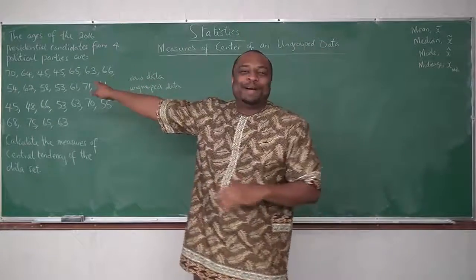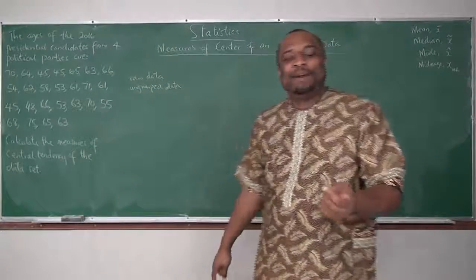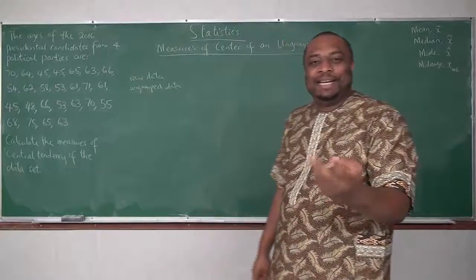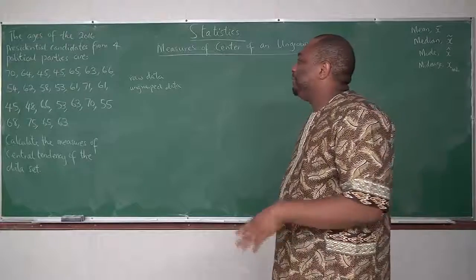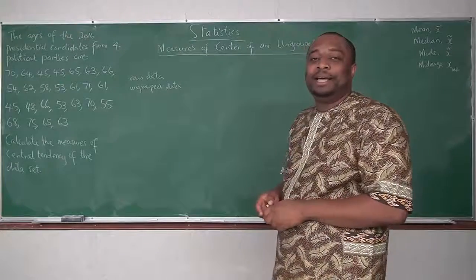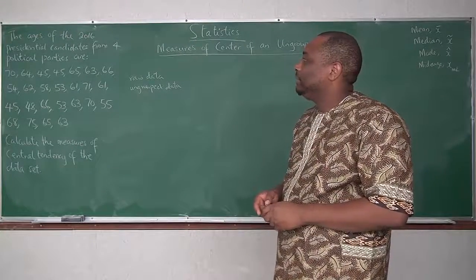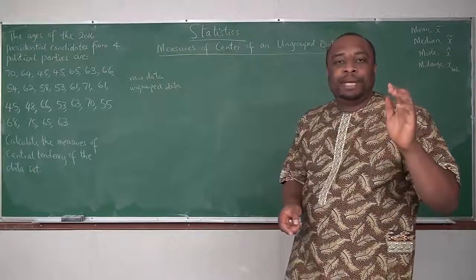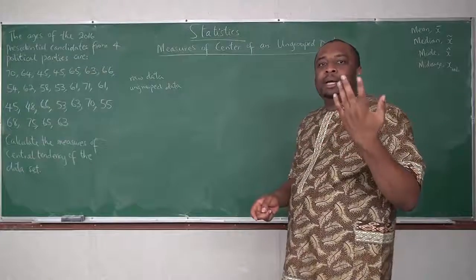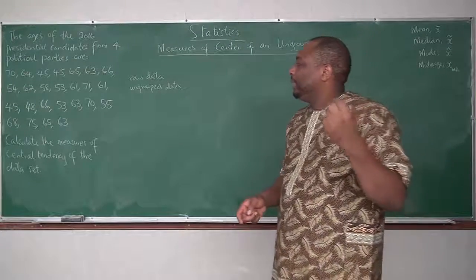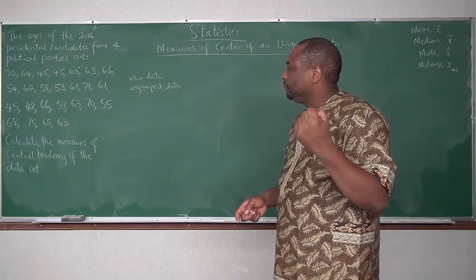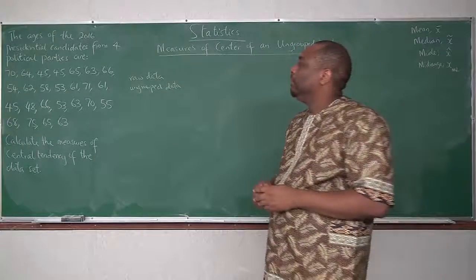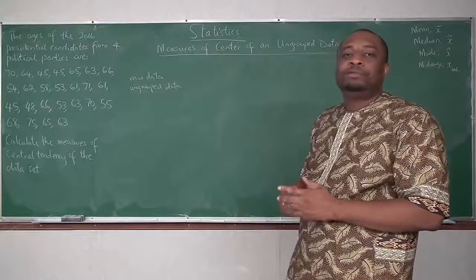So the 4 political parties here are the Republican Party, the Democratic Party, the Libertarian Party, and the Green Party. So you have 17 presidential candidates from the Republican, you have 4 from the Democratic, that makes it 21, right?